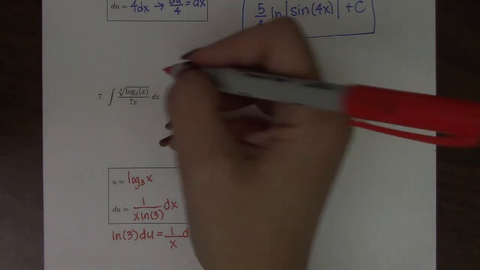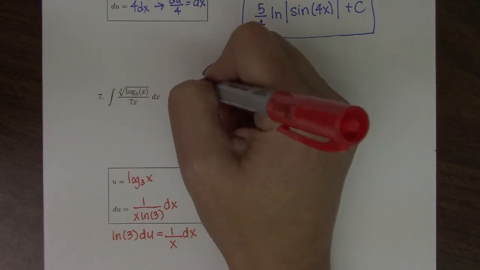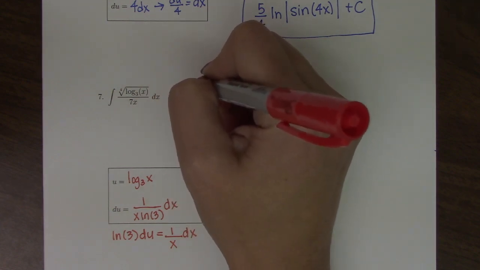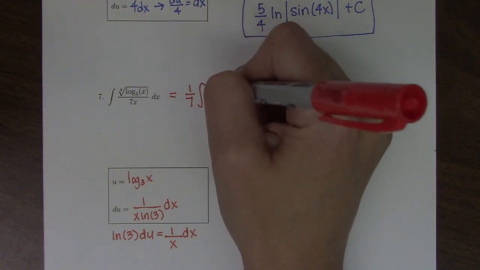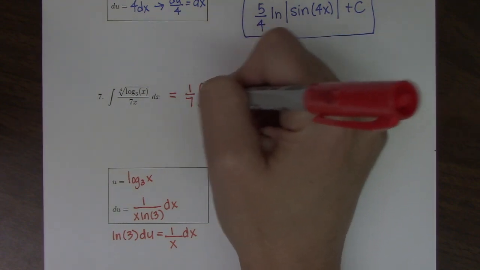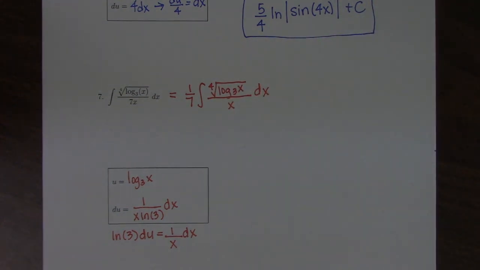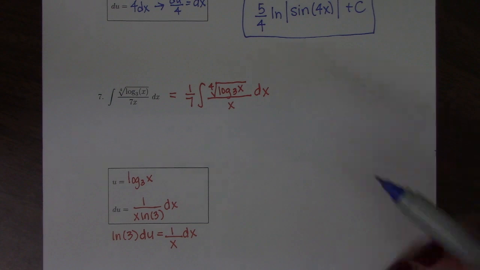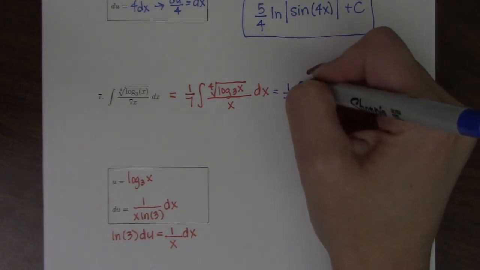So I'm going to pull the 1/7 out front before I make my substitution. Now, when I make my substitution, I've got 1/7.